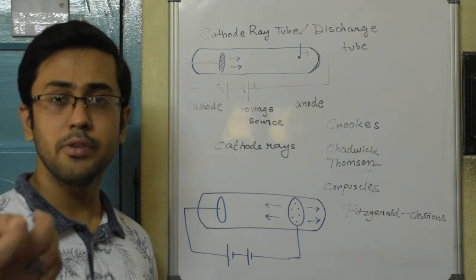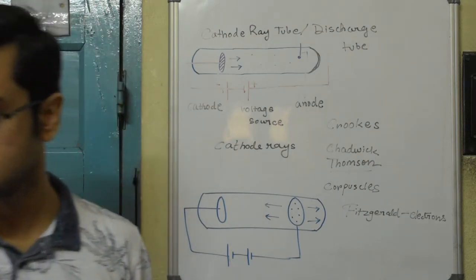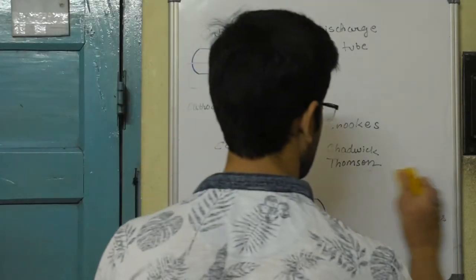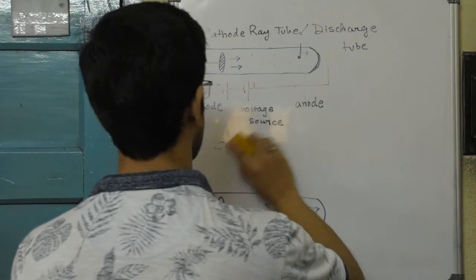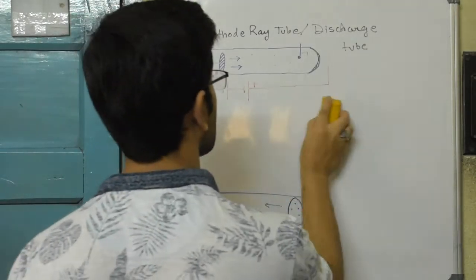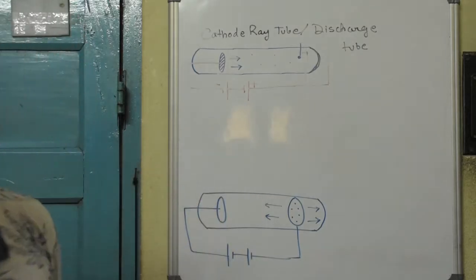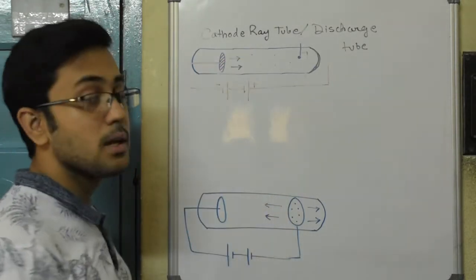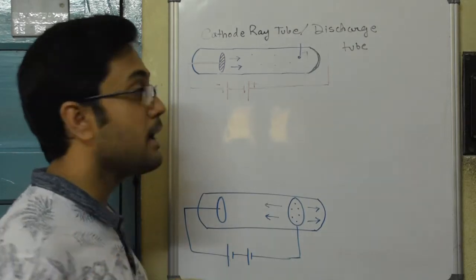So what was the modification brought about by Thomson? Thomson made these cathode rays pass in between an electric field.